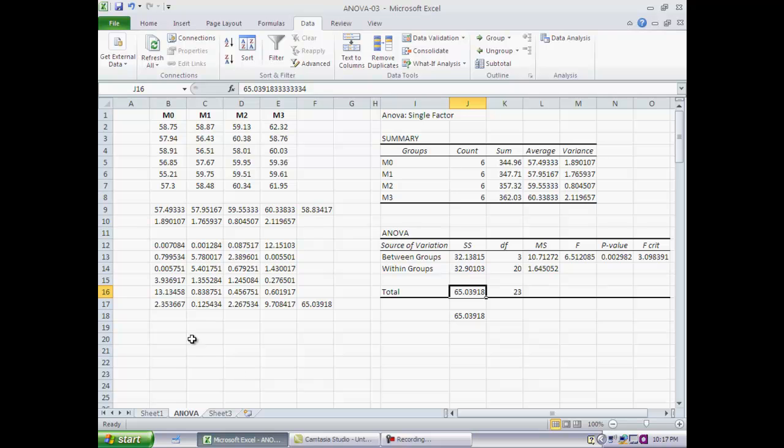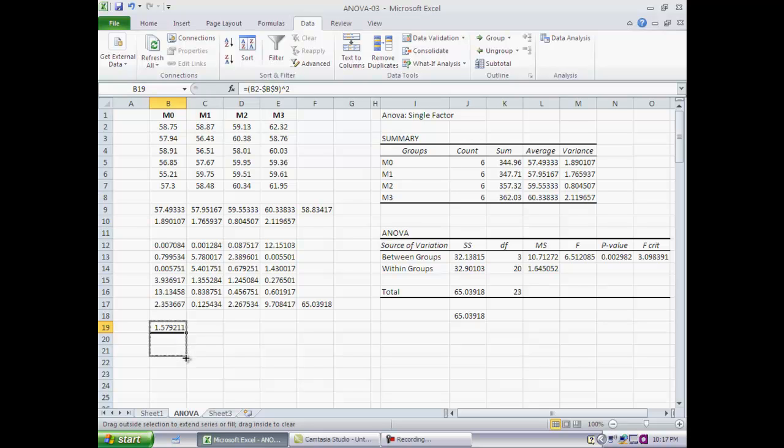Now let's imagine that we take each data point and see how far it is from its own middle, the group's own middle. So 57.49 is the middle of the first group, isn't it? I'll see how far the first data point is from the middle of the first group, and I square that. Then I copy that down to the remaining five data points for sample number 1.